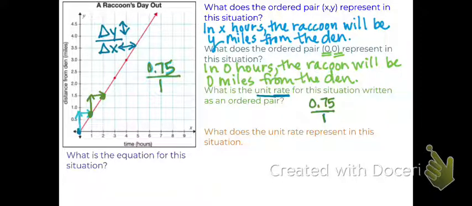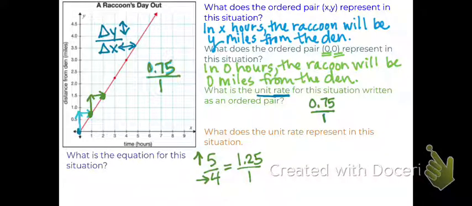If it wasn't written as a unit rate, then we can just divide. Like if we were given 5 over 4, if the change was a rise of 5 and a run of 4, and that was our slope, then we would just divide. 5 over 4 is 1.25, so this is the same as 1.25 over 1 as a unit rate.